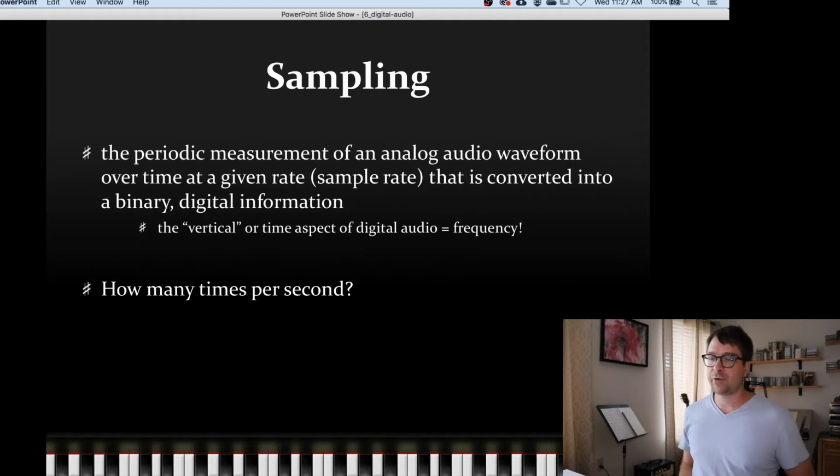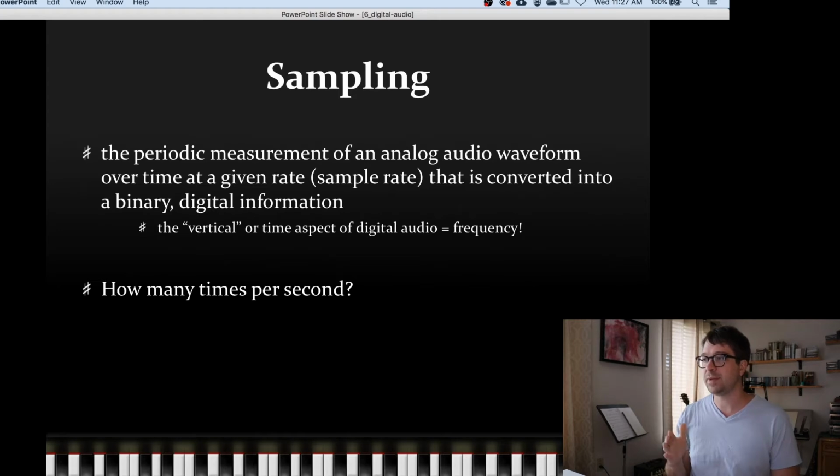Okay, so sampling. The way that analog audio, the way electricity gets turned into data, is through measurement. So every time you have a wave, it gets periodically measured and then saved as data.